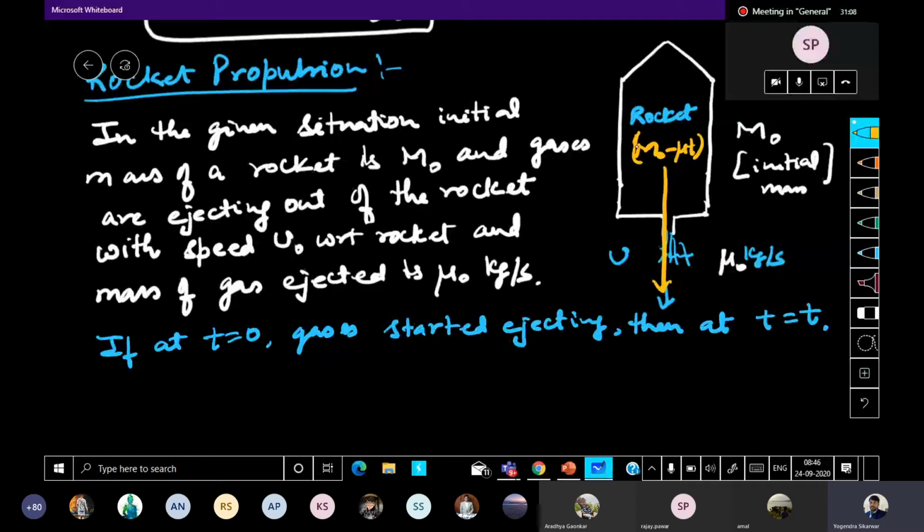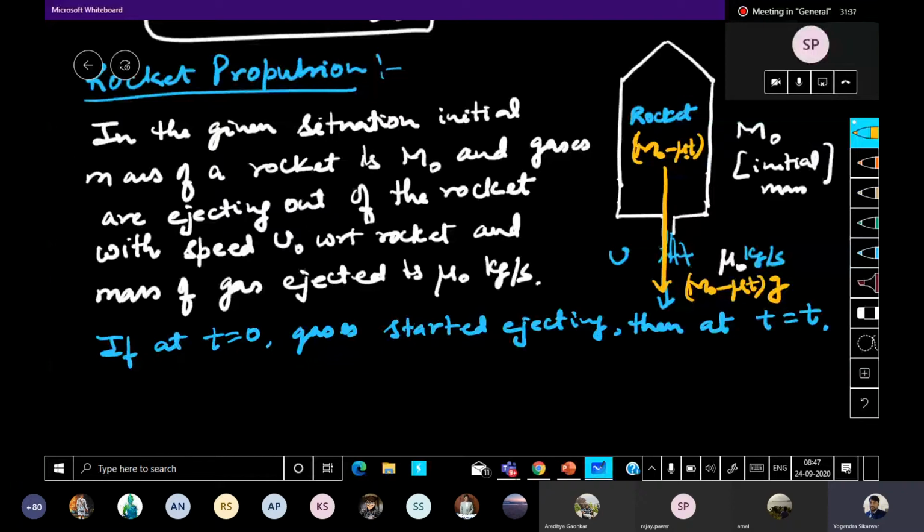Be very clear. If every second mu kg of gas is released, the mass left will be m naught minus mu naught t. So the force acting downward due to gravity will be m naught minus mu naught t, into g. That should be acting downward as gravity.